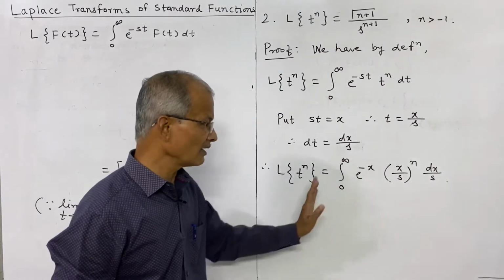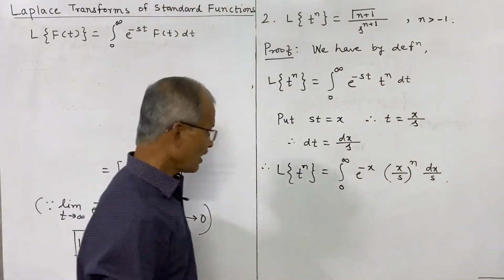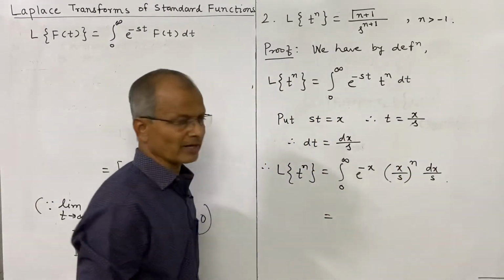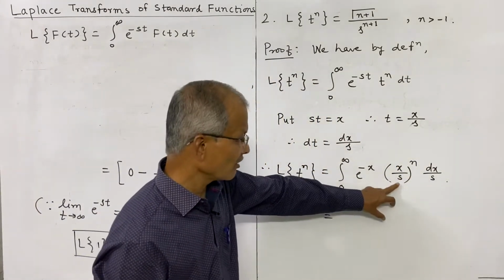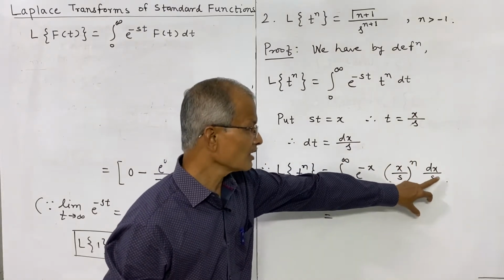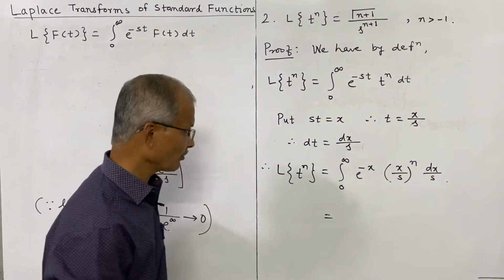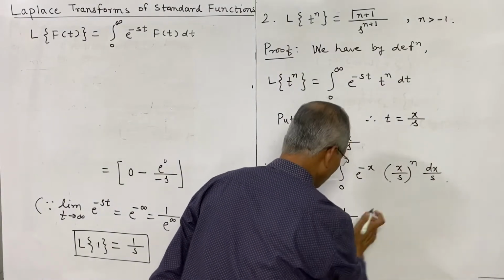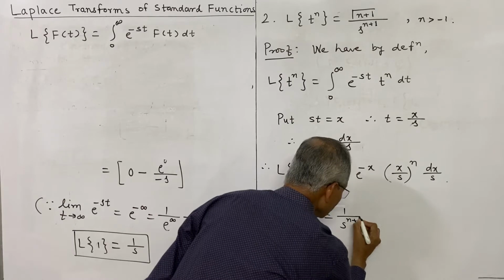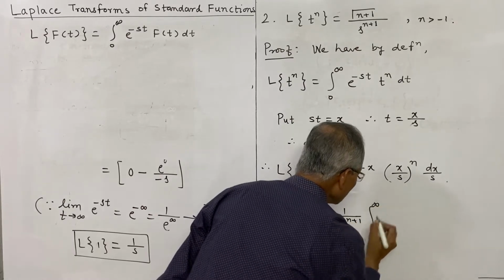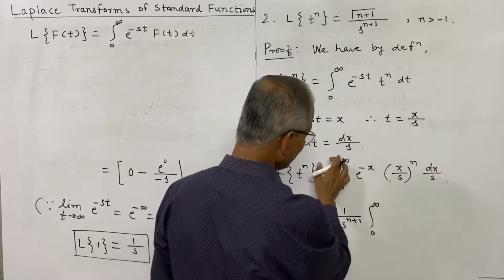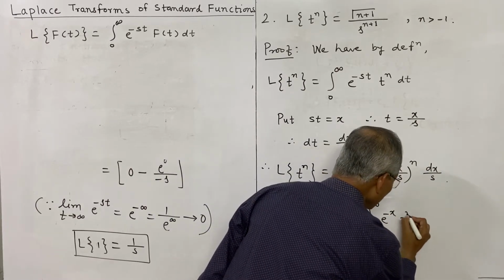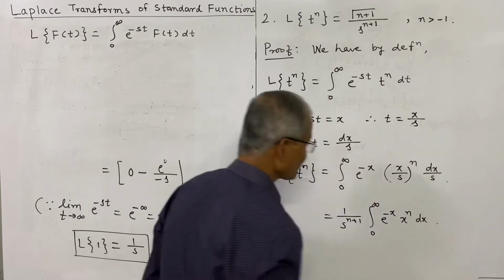We can write the s term outside the integral, and we observe that here it is 1 upon s to the power n. The power of s in the denominator is n. Here the single power of s will be there, and therefore the total power of s in the denominator will be n plus 1. And now the integral remains as 0 to infinity e power minus x, x power n into dx.